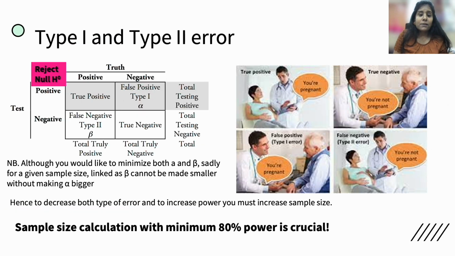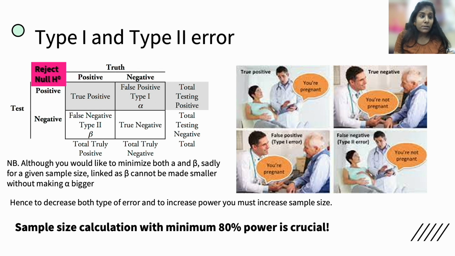Just like humans make errors, stats can have errors too. In terms of rejecting the null hypothesis, you want to find the true positive outcome, so that the test is positive and the truth is also the same. It has to match.